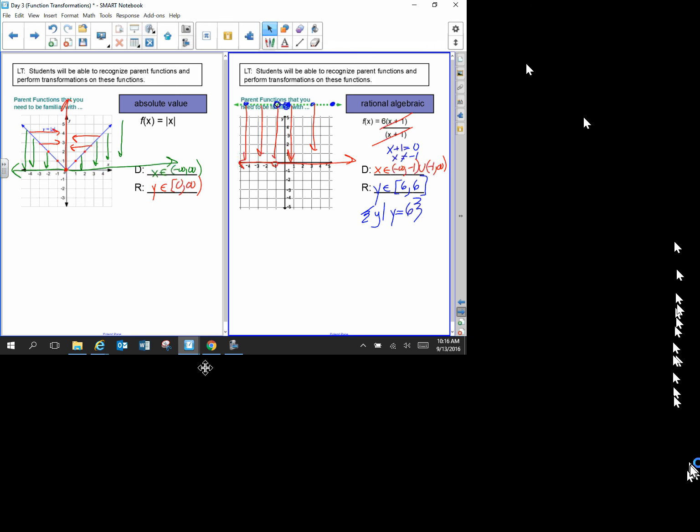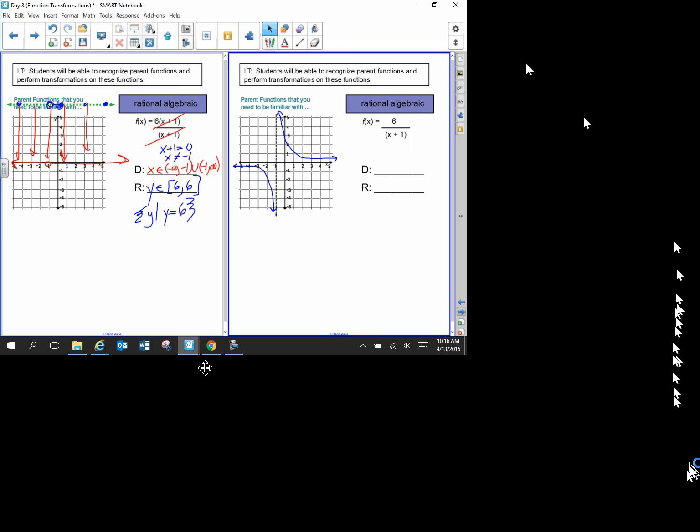And our last one right here was, if it wasn't a rational algebraic expression where the top and the bottom canceled each other out, it left something in the denominator. It ended up doing just like the reciprocal function. The only thing different about the reciprocal function is that this one was stretched a little bit more, and we had a vertical asymptote that went one to the left.